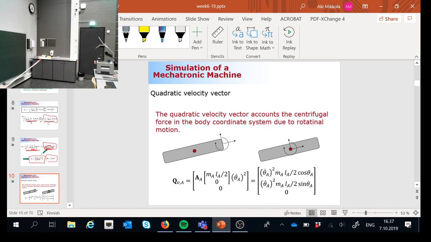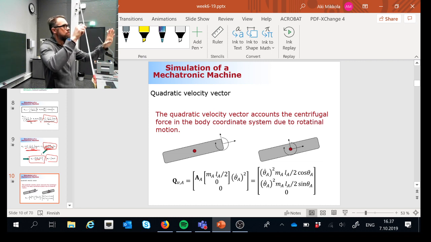Now, the quadratic velocity vector is a vector that accounts for the centrifugal forces on the body coordinate system due to the rotation. To understand that, let's look at this beam-like body and rotate it with respect to the center of the mass, exactly what I'm doing here.